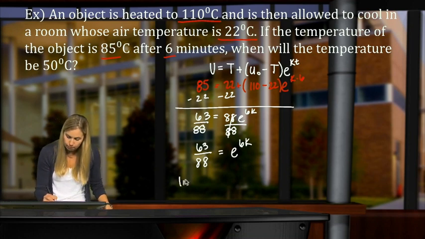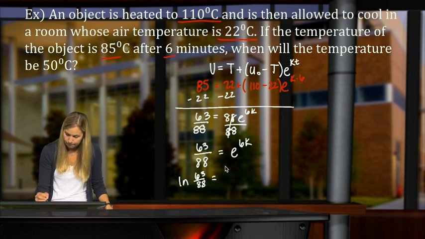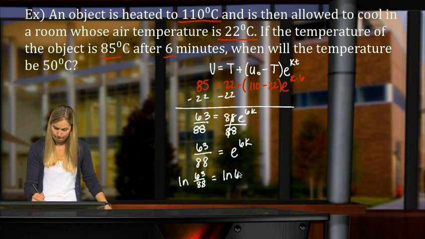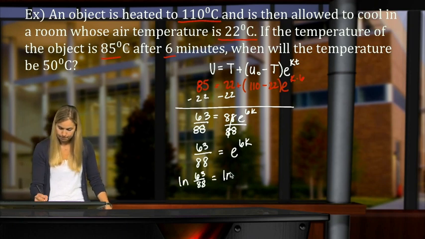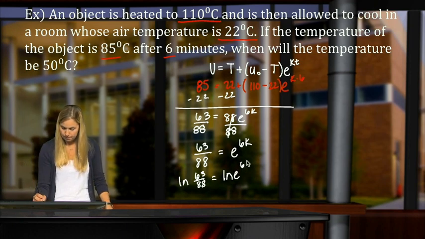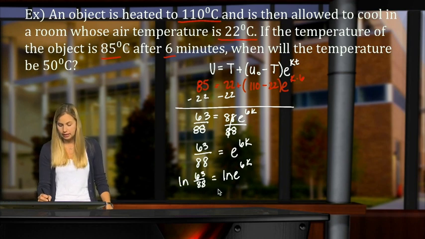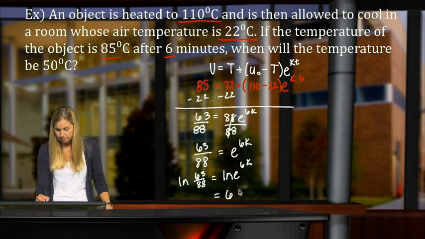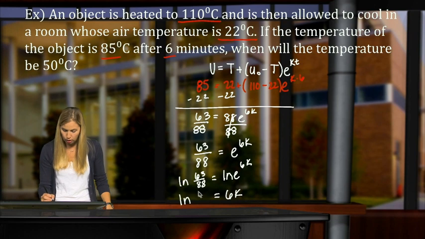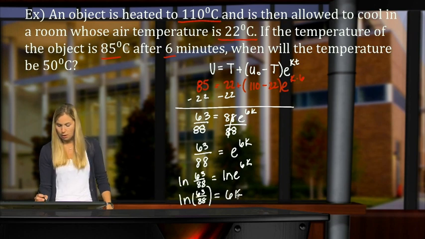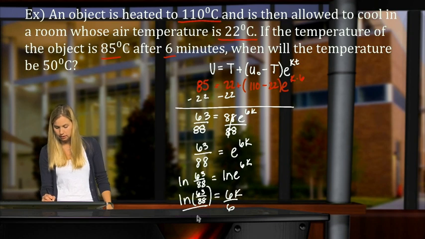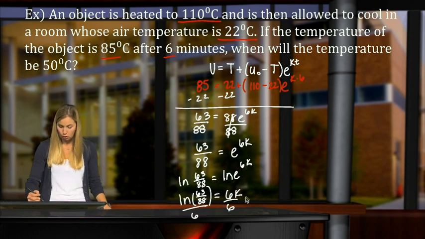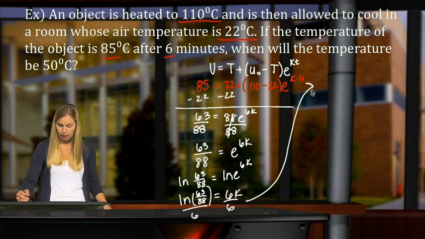We'll take the natural log of both sides. The natural log of e to the 6k is 6k. That equals the natural log of 63 over 88. And we'll divide both sides by 6 to get our value of k, which we can then plug into our model.